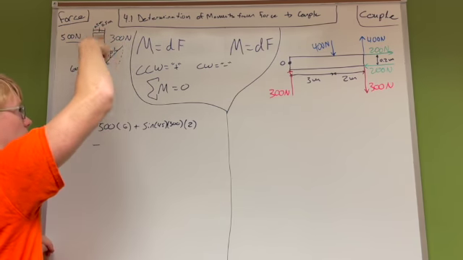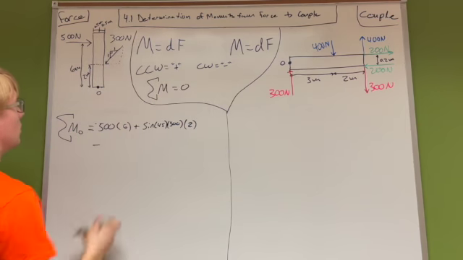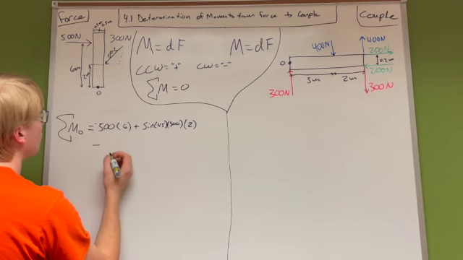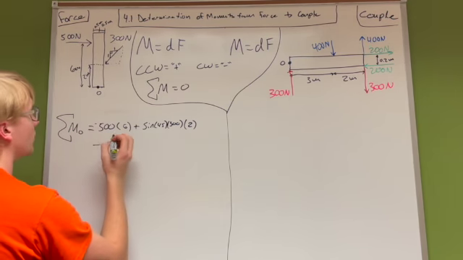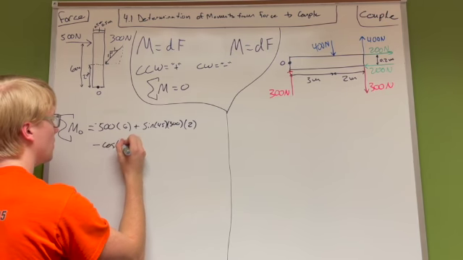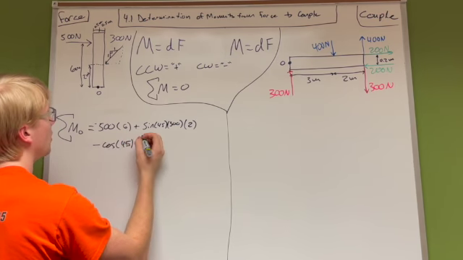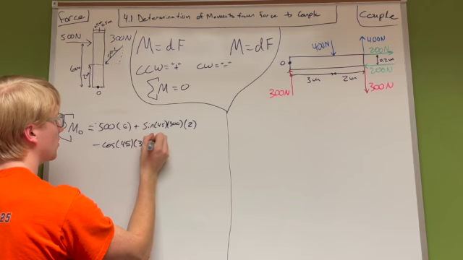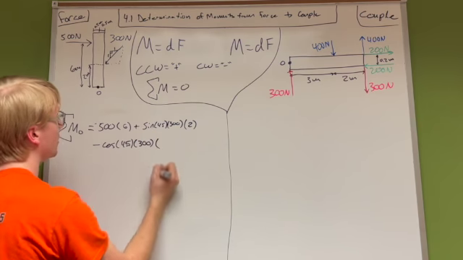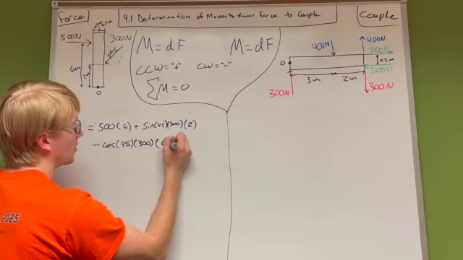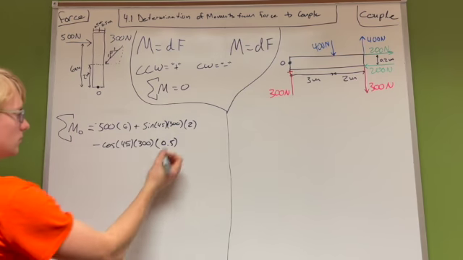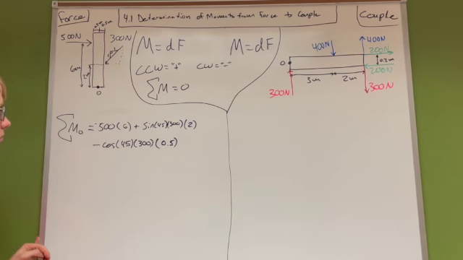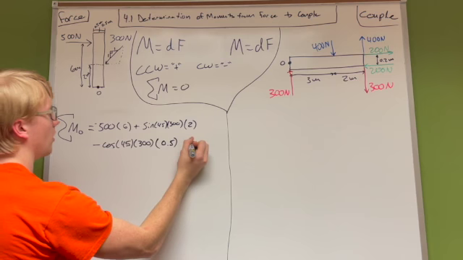So it's going to create a clockwise moment around O. And so the force of this is cosine 45 times 300, right? And the distance is 0.5 meters. Okay? That all equals 0.